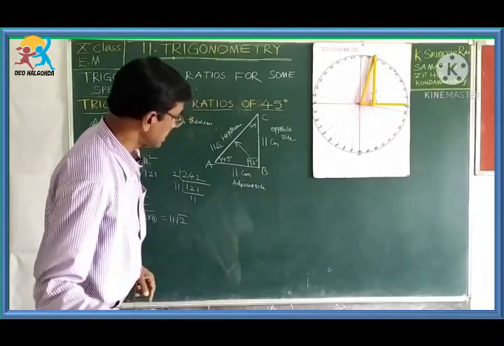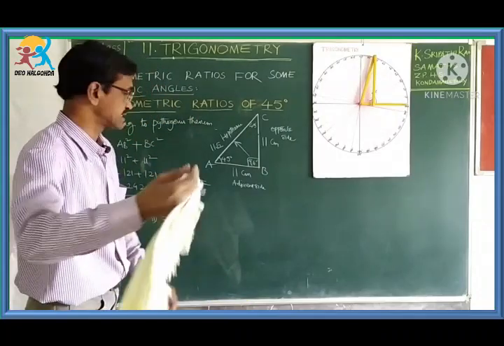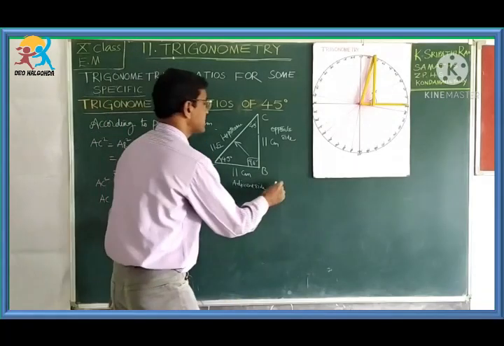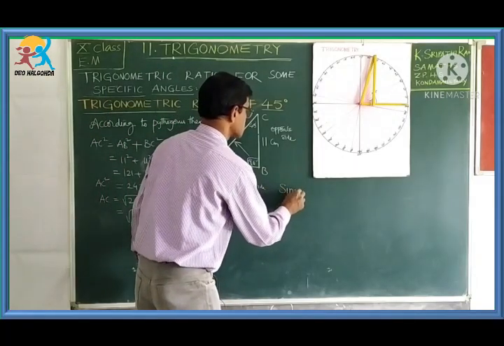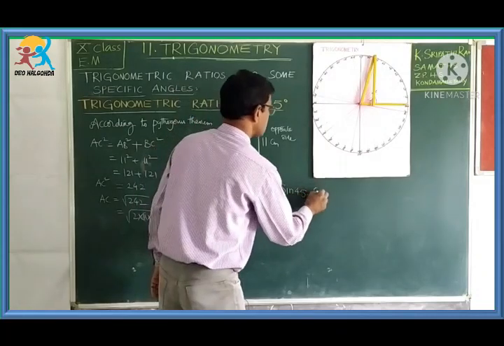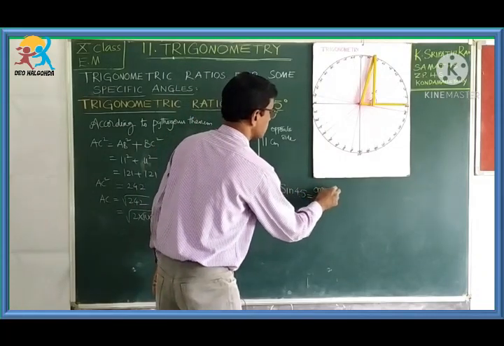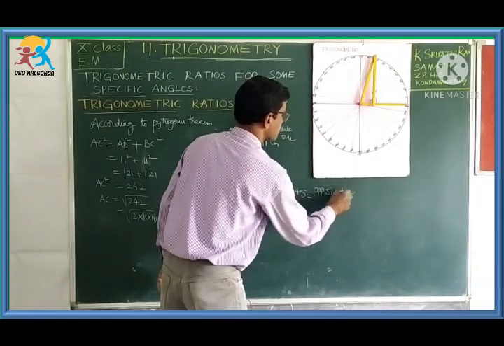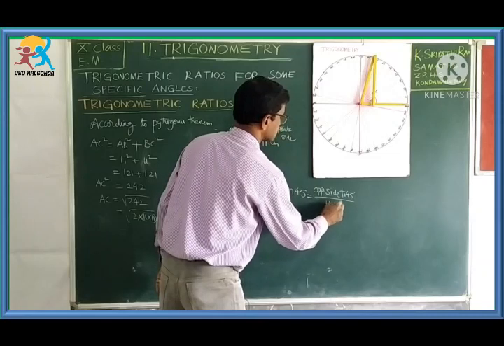Now let us find the ratio of the sides. Now sin theta is equal to sin 45 is equal to the side opposite to 45 degrees by hypotenuse.